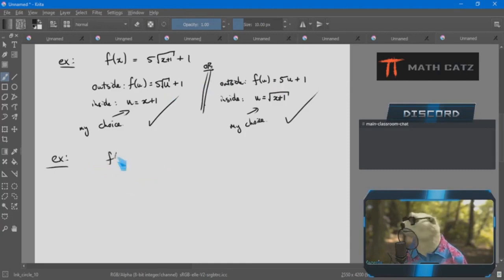Let's see another one. 1 over square root of 5x squared plus 1. I claim for this one there are even more right answers, even more ways to split this up into an inside and an outside function.